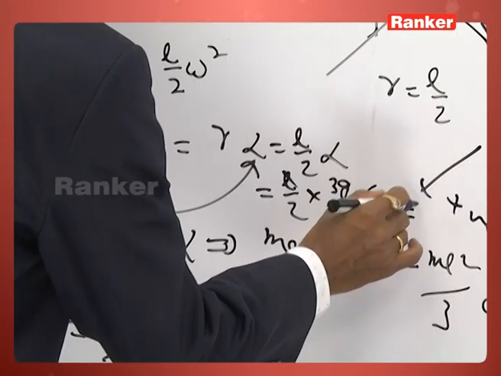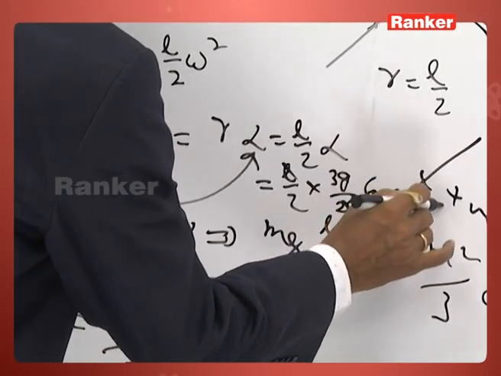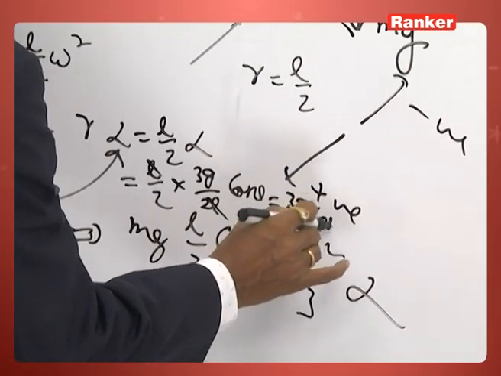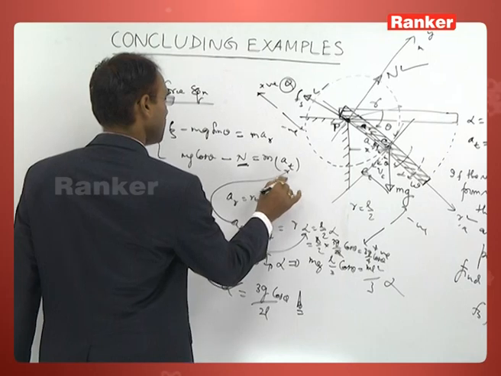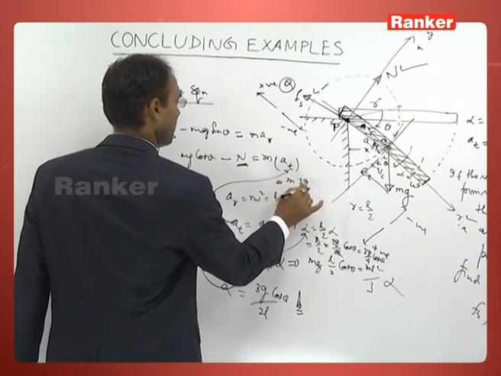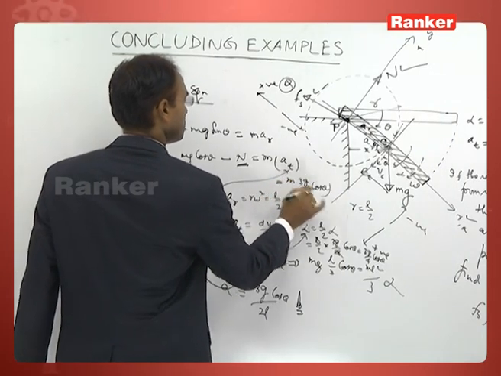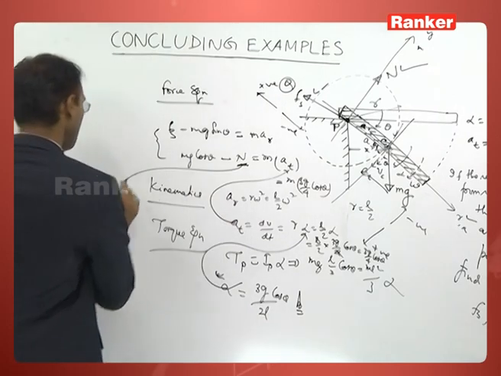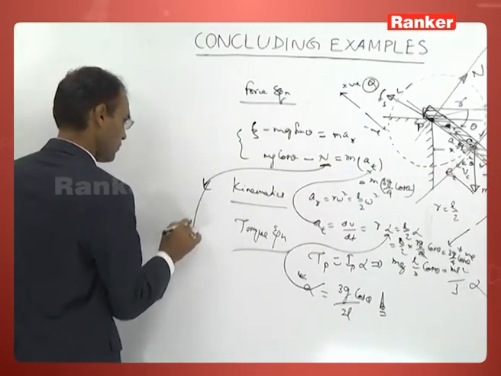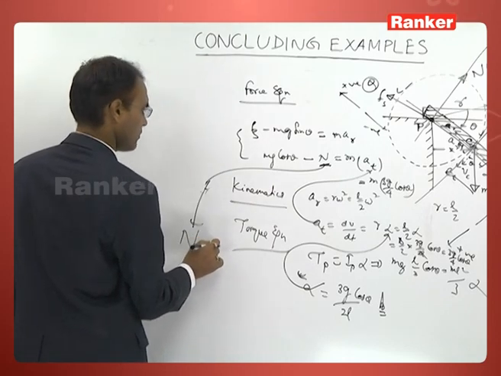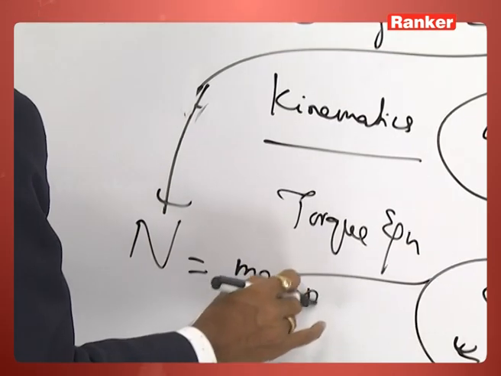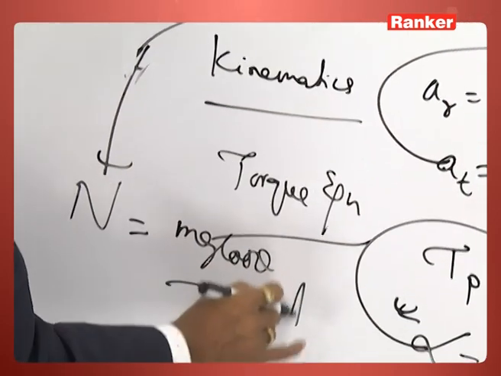So, at is equal to 3g by 4 cos theta. You substitute at here to get m into 3g by 4 cos theta. Then you are getting the value of N is equal to mg cos theta by 4, answer.